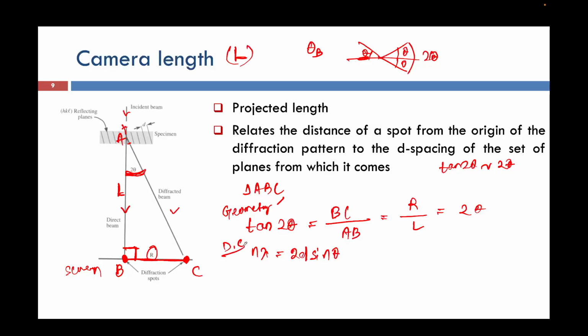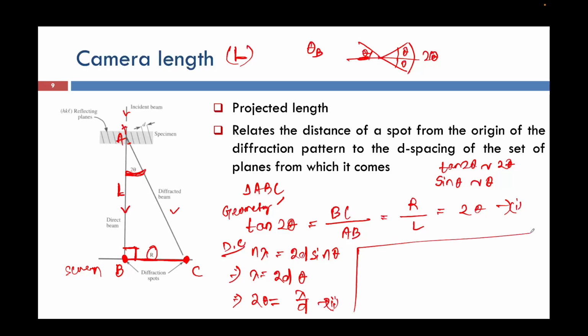Now if I am talking about the first order reflection, lambda is equal to 2d sin theta, and sin theta will be theta. So I can write 2d theta. From here I can write 2 theta will be lambda by d, right? So this is equation number 1, this is equation number 2.